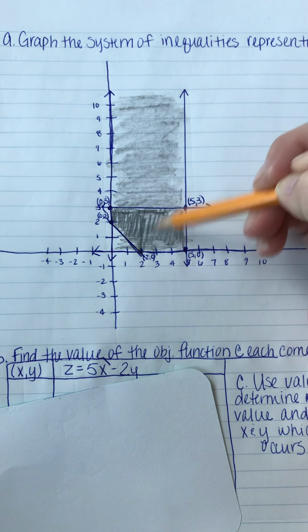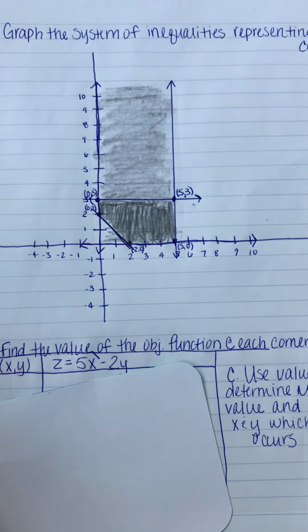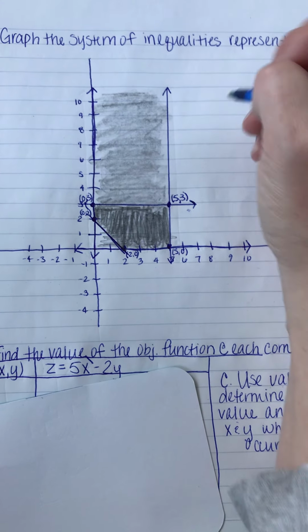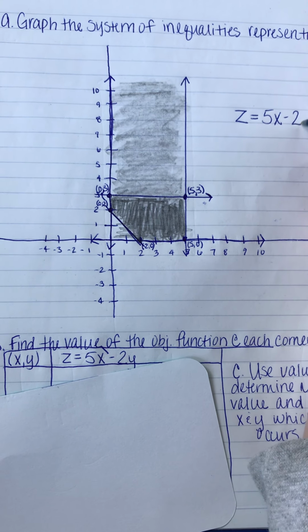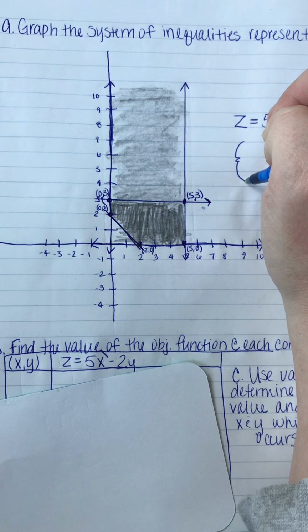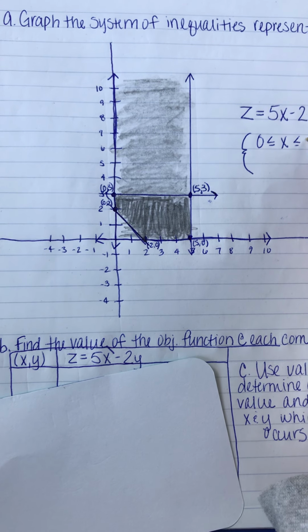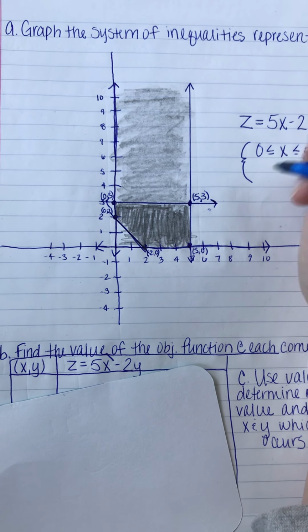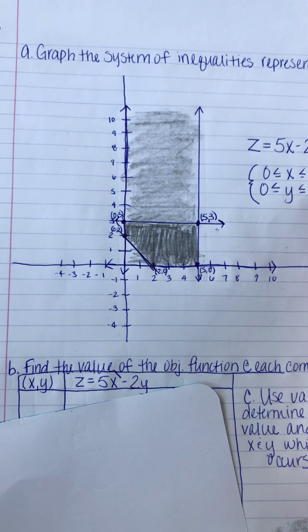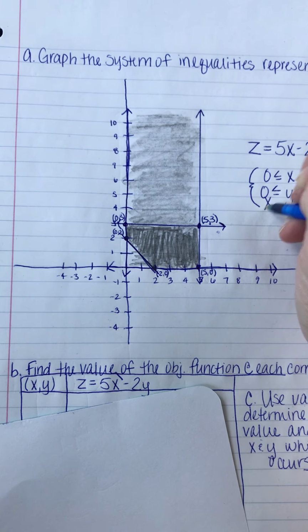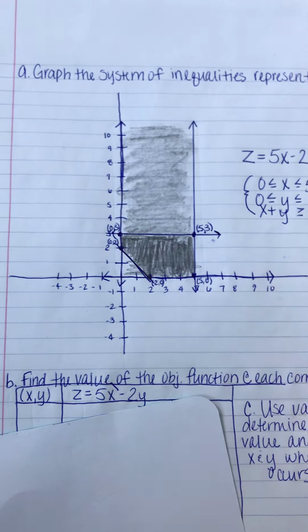This is the graph of z equals 5x minus 2y with the constraints of x, the constraints of y, and the other line.